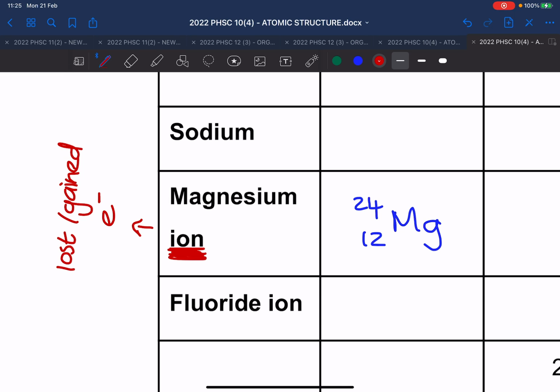Positive 2. Does that mean that it lost or it gained electrons? It lost 2 electrons, but it's 2 plus. Electrons are negative, so if it loses electrons, then it has more protons. So it lost 2 electrons.